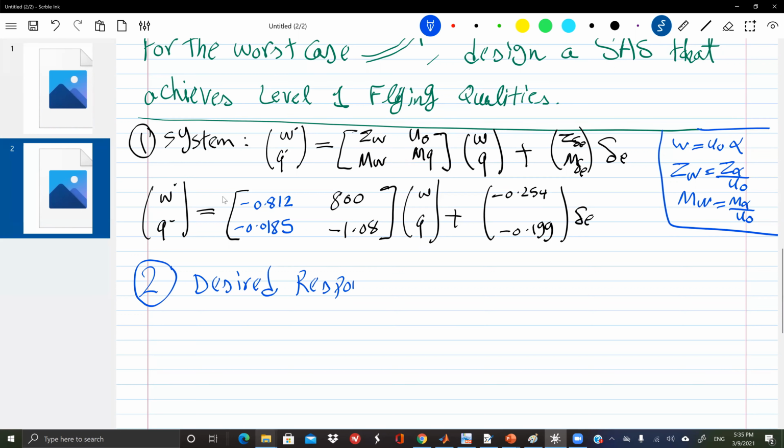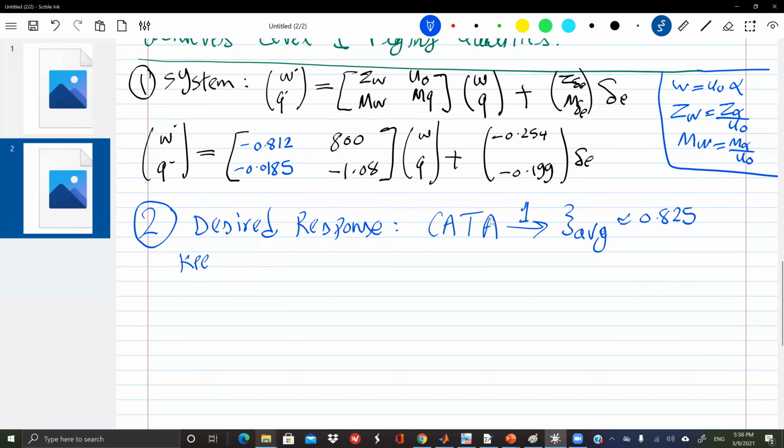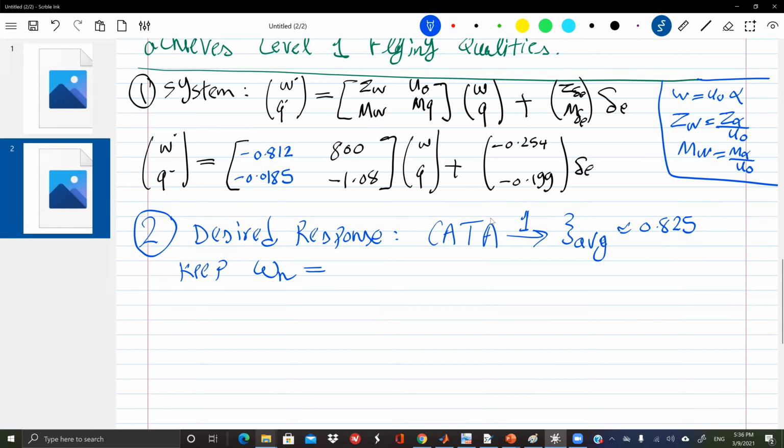The desired characteristics: we have Cat A, and we take the zeta average for level 1. This is 0.825. And what about omega n? Because we always need zeta and omega n. The pilots don't care, they never complain about omega n, so it's better to keep it as is. So keep omega n at 3.96, I guess? Yeah.